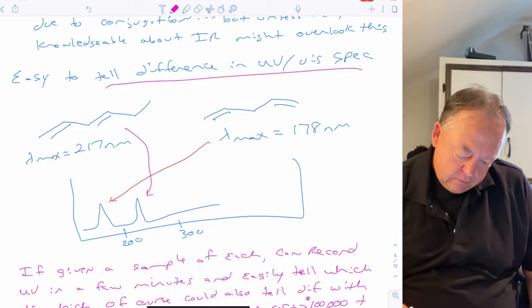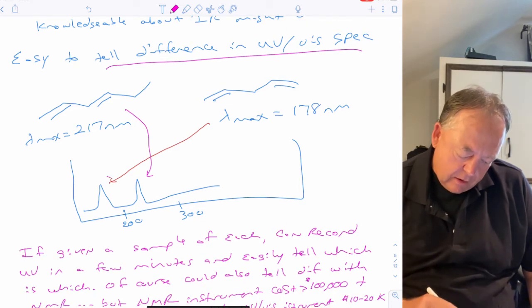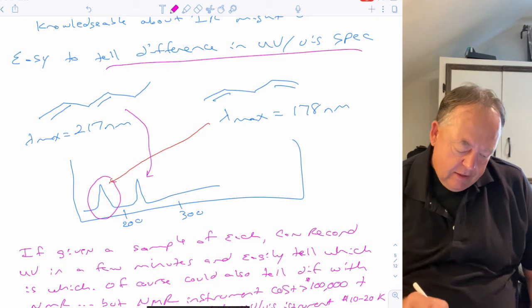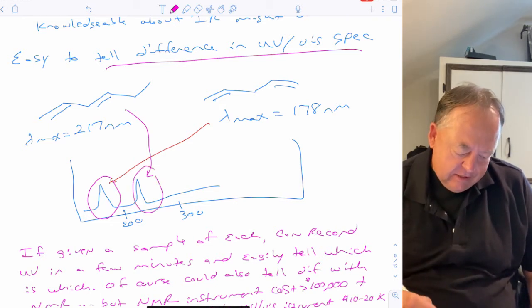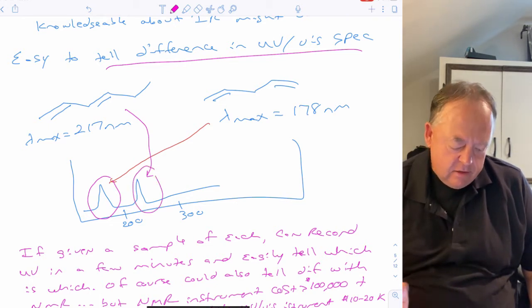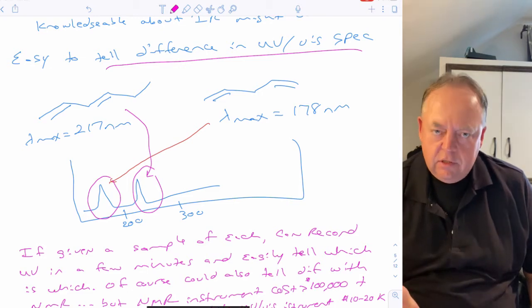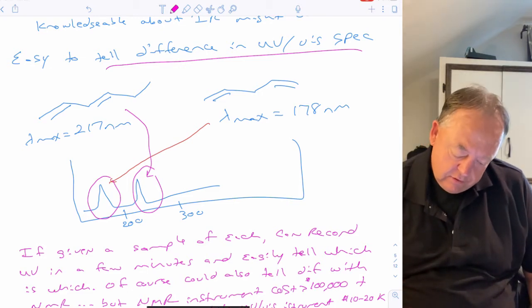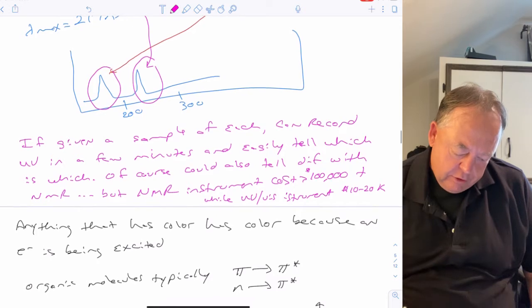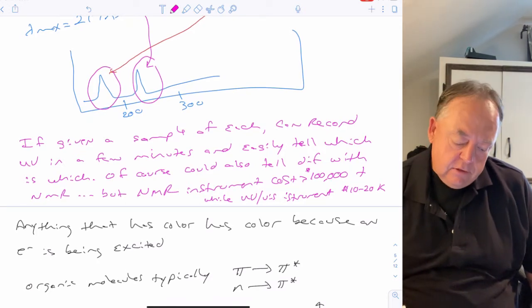The isolated double bond would be at about 178 nanometers, and for the conjugated double bond you would see a signal around 217 nanometers, so easy to differentiate between them in UV Vis. And you could do that analysis in just a few minutes.